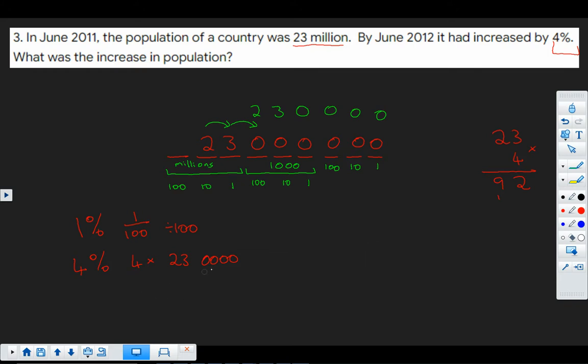Okay, so this equals 92 and 4 zeros. Now we need to add this because this was an increase of 4%. So this means we need to add it to the 23 million that we started with.